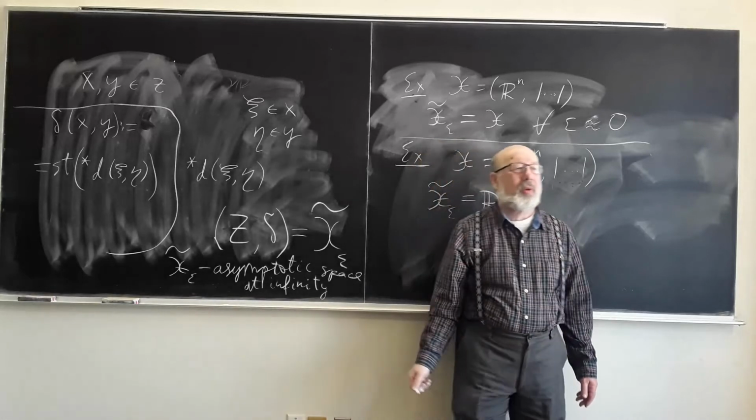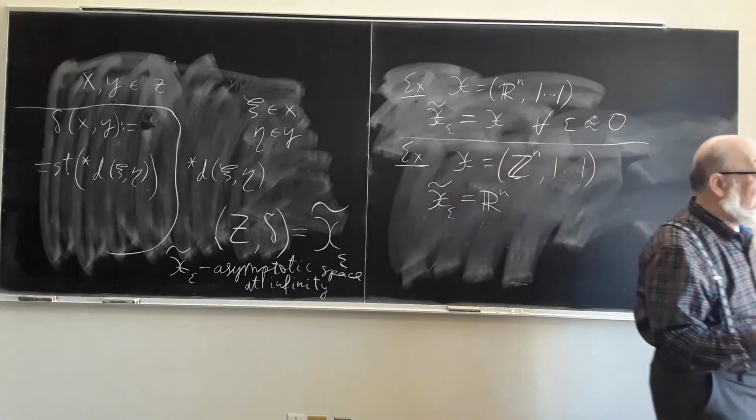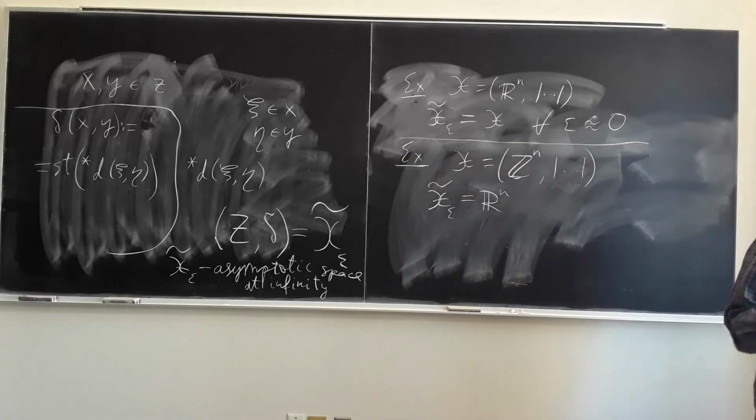Because first, when epsilon is infinitesimal, we get something which is dense in R^n, and then it turns out that it is super dense.